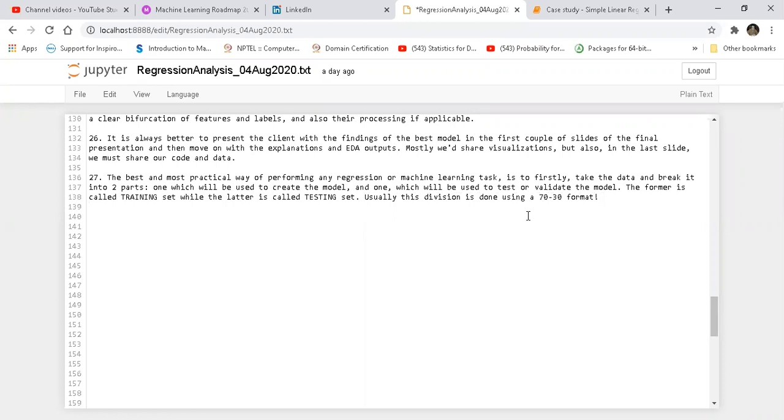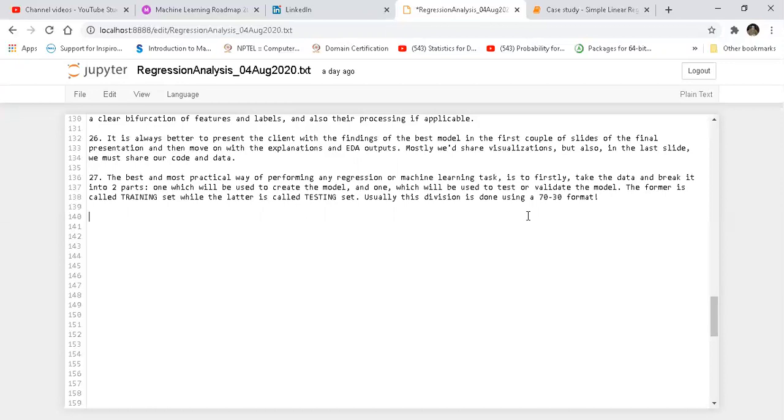This is just to ensure that I have a different unseen set of data on which I'm going to validate whether my findings are correct or not. And when I validate, then I'll calculate R square and mean squared errors and all these metrics. That is going to tell me whether the model that I've created is really good or not.